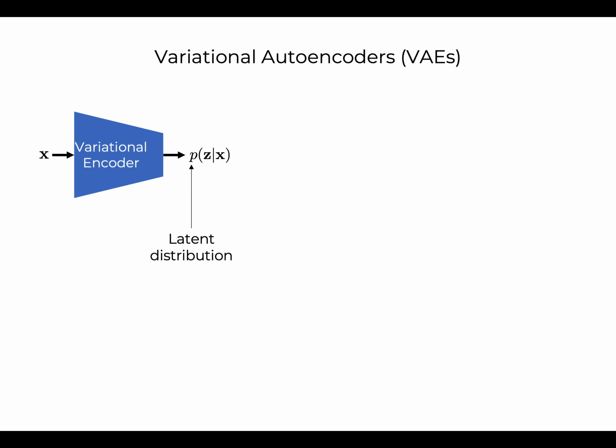But let's say we've got this distribution, then we can sample from it a Z. So we had this conditional distribution of how Z will be distributed given that we observed X, and now we can draw from that distribution a specific Z. So now this is exactly as before, it's a latent representation sampled from this latent distribution.